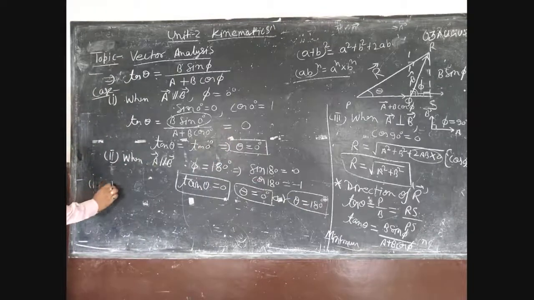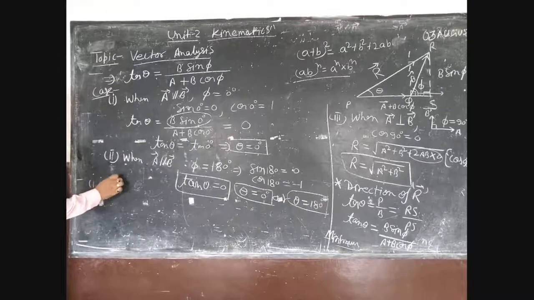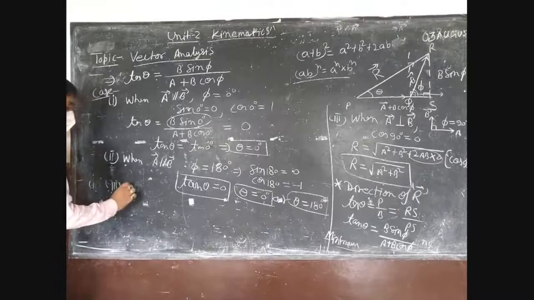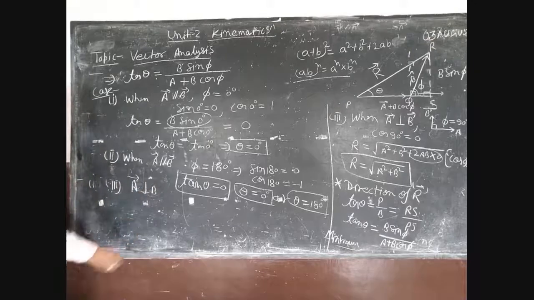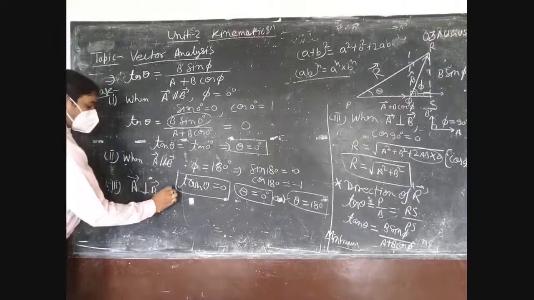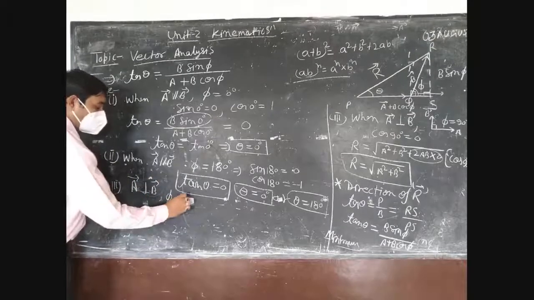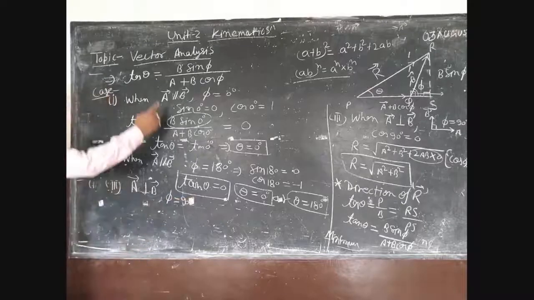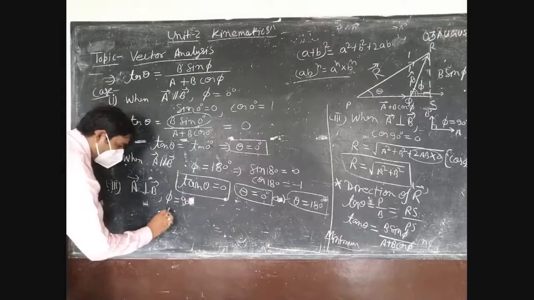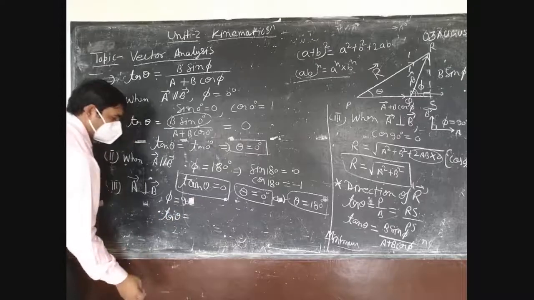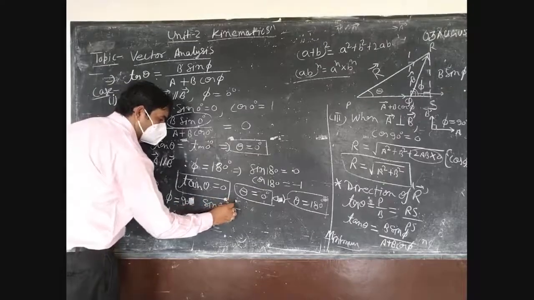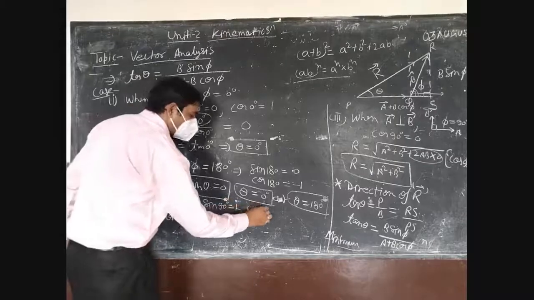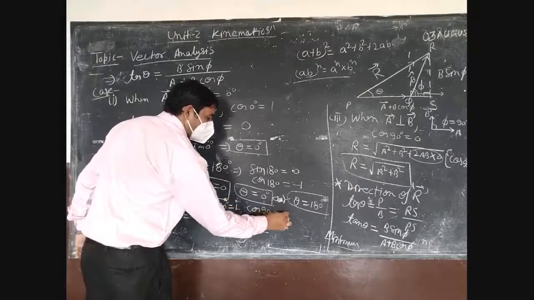And the third case, which is the important case, is when vector A is perpendicular to vector B. Then phi is equal to 90 degree, and tan theta is b sin 90 degree upon a plus b cos 90 degree, where sin 90 degree is 1 and cos 90 degree is 0.